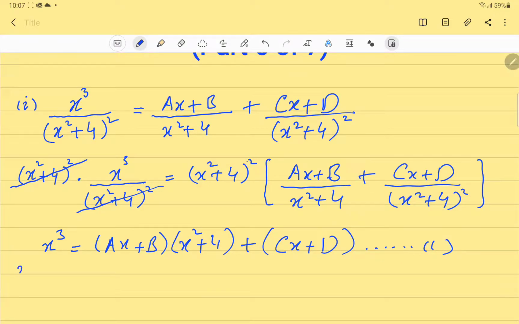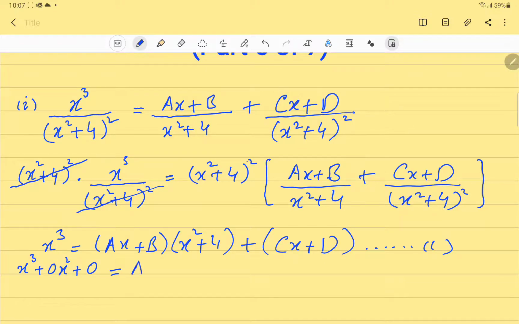On the left side we can write x cubed plus 0x squared plus 0, because we don't have any x squared term, so we put 0 with it, and we don't have any constant, so we put a 0 in its place. So let's solve this equation.